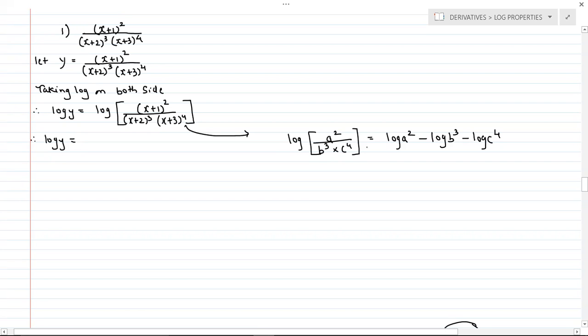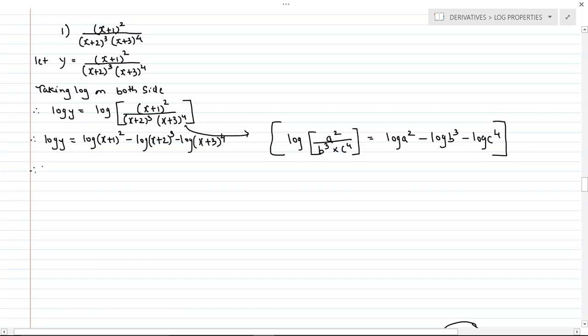So here we can write this as log (x plus 1) the whole square minus log (x plus 2) the whole cube minus log (x plus 3) raised to 4. Yes or no? I hope you all know this.